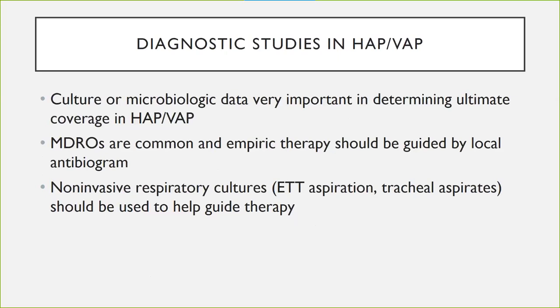Your empiric therapy may include Pseudomonas and MRSA, but getting the culture back may show that they have a carbapenemase-producing KPC or Klebsiella pneumoniae, and you have to modify therapy to broaden it to include that coverage. Non-invasive respiratory cultures, whether it's an endotracheal tube aspiration, a tracheal aspirate, or just a sputum culture, should be used to help guide this therapy.